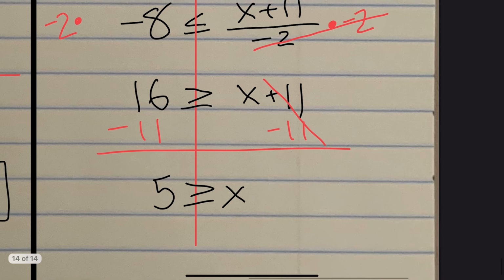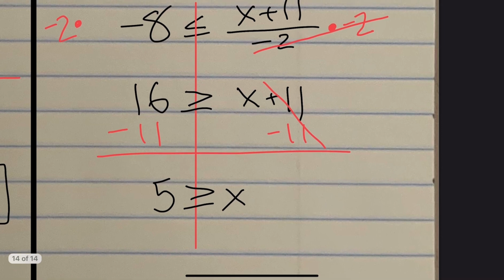Okay, so one thing I want you to look out for, you're not going to see very many problems like this, but I just wanted to point it out. Usually we have the x going first. The proper way is to have x, your inequality sign, and then your number. So what I'm going to do here is just rearrange this.